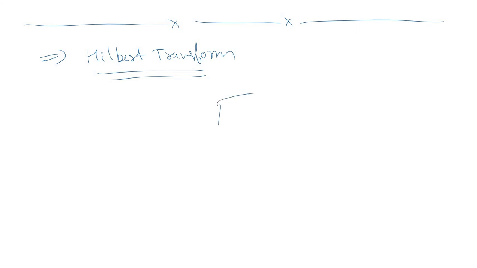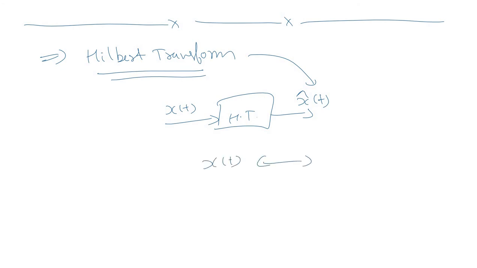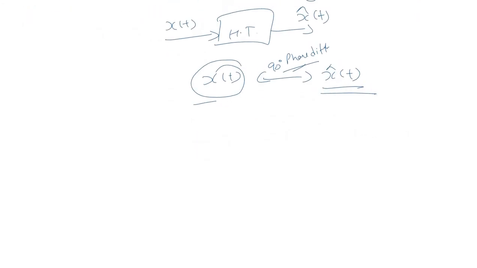If the input to a Hilbert transformer is x of t, the output will be x hat t, the standard representation. The relationship between x t and x hat t is a phase difference of 90 degrees.